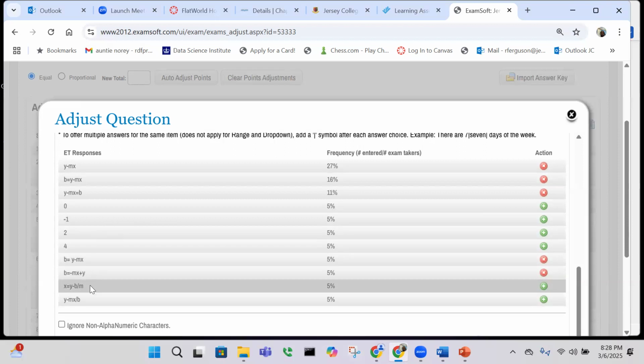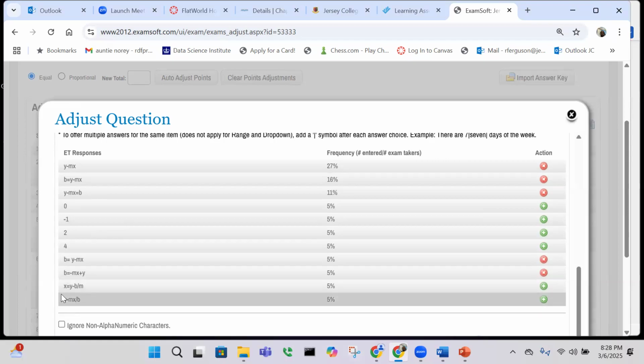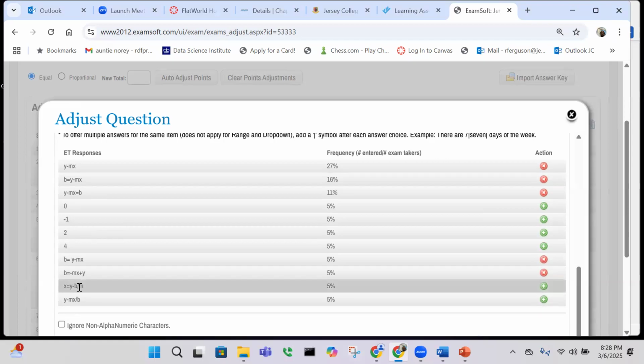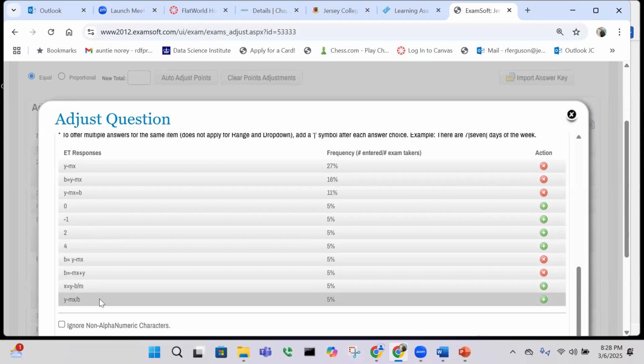This one you solved for the wrong thing. You're supposed to solve for B. You solved for M. You solved for X. You're supposed to solve for B. And this one also, I think this is not supposed to be a slash. It's supposed to be an equality. So B would equal that, not divide by it. But anyway, those two that are off, that's not terrible.